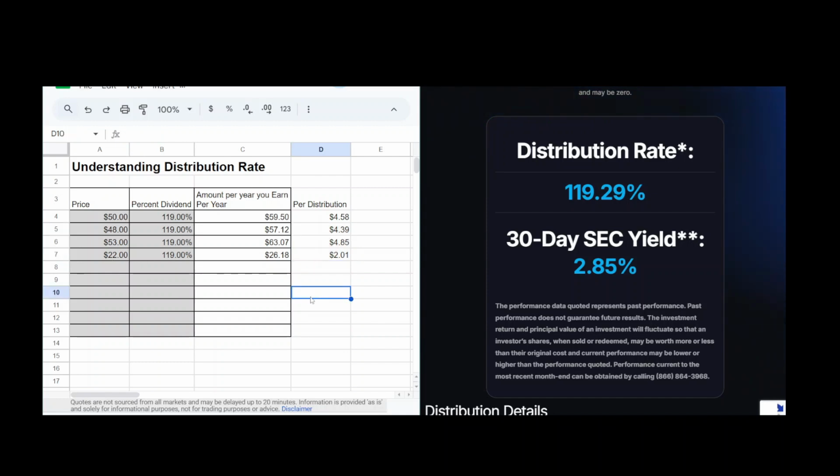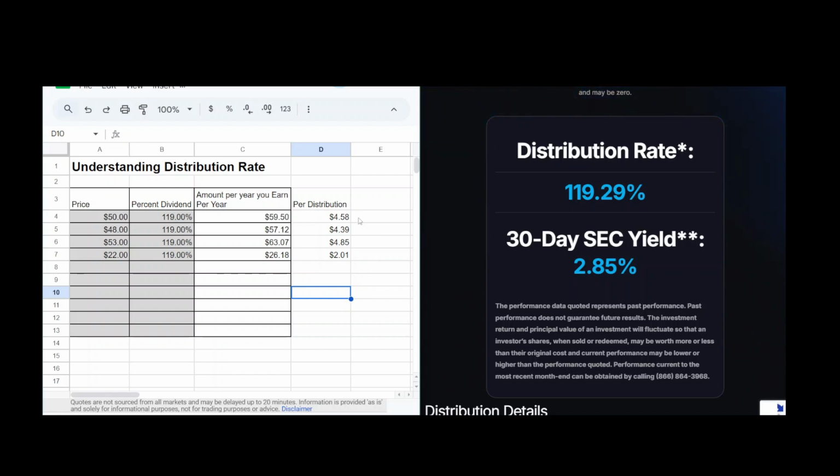Now, as you can see, as that price is changing, so is your distribution. Even though we're keeping with that big high 119% distribution here, you can see that the amount of distribution that you're actually earning is dropping.